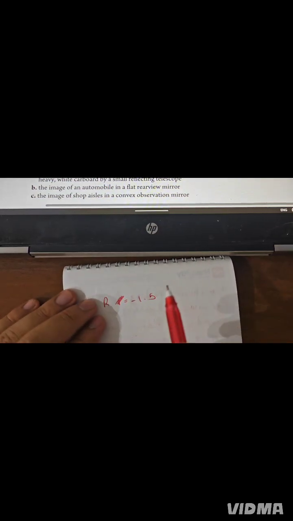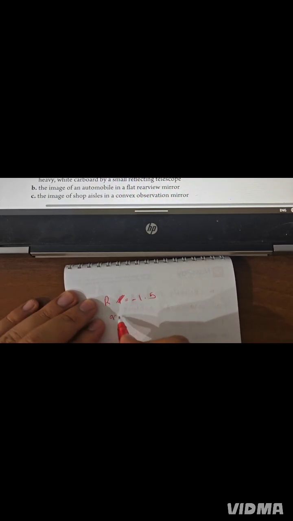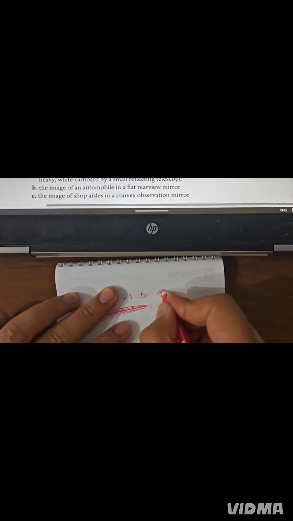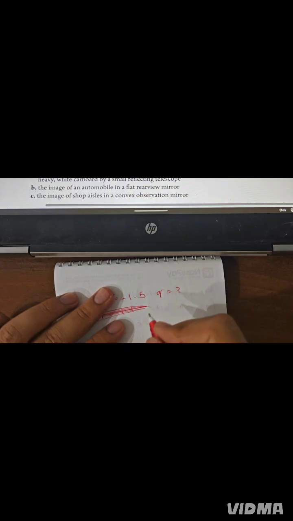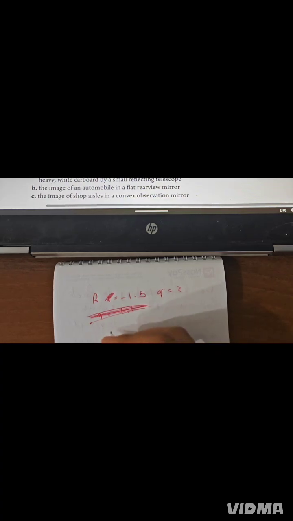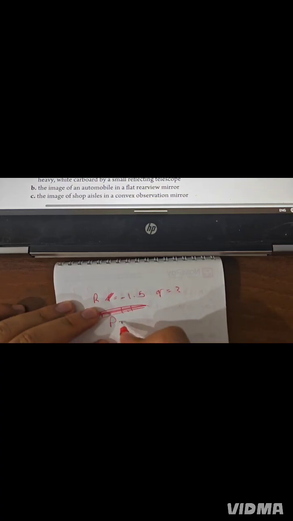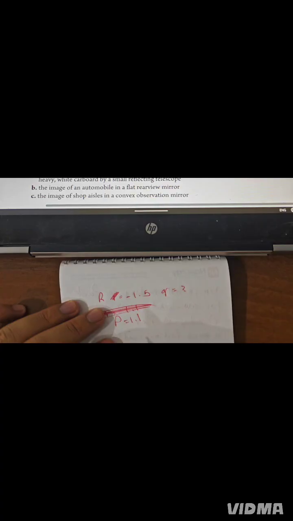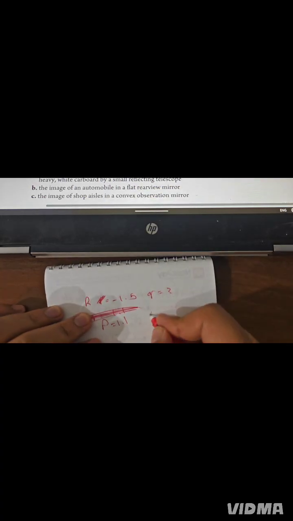We said R must be negative for a convex spherical mirror, and the value of P is 1.1. Sorry, the question says find Q, so you have to find the value of Q. The value of P is equal to 1.1. Determine the image distance, that is, find Q, and the magnification.